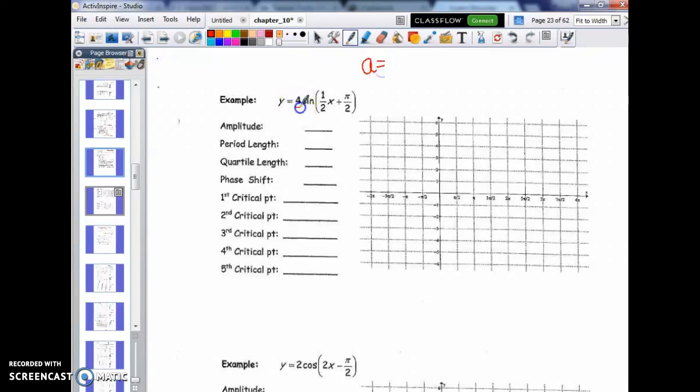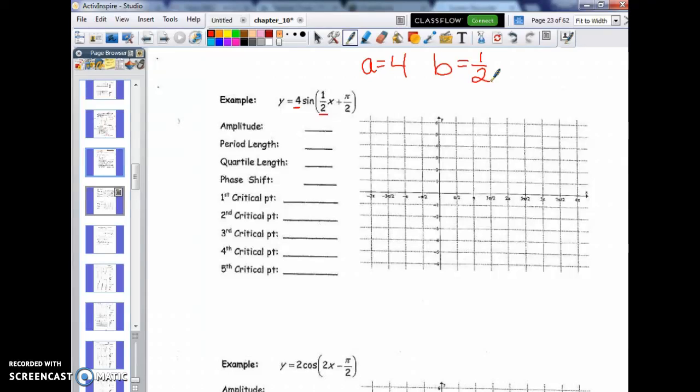My A value is the number in front of the word sine, so it's 4. My B value is the number in between the word sine and the x, so it's going to be 1/2. So that's what we've done so far on these.